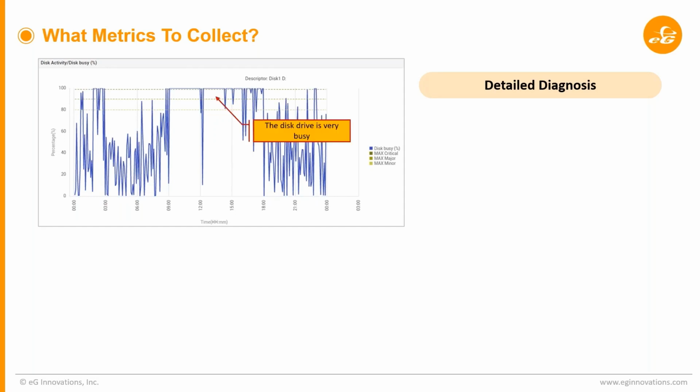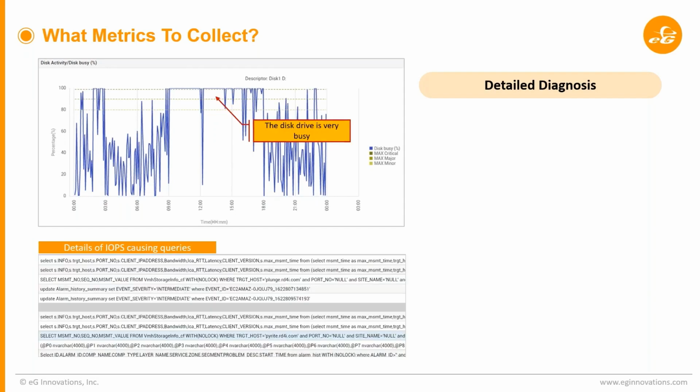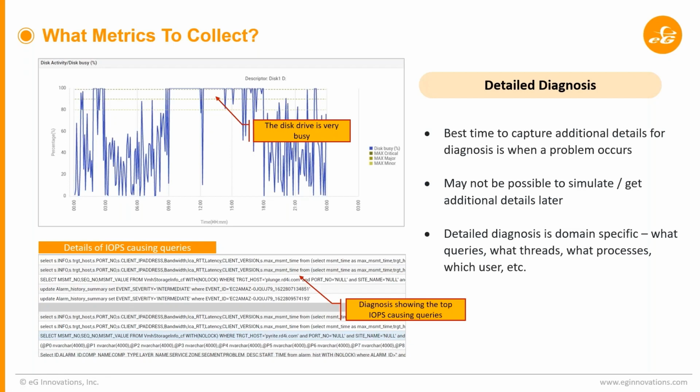The answer to that comes from detailed diagnosis, the ability to go in and collect additional details. So you want your metrics collection to give you additional details. In this case, the operating system is running a SQL database, and seeing the details of what queries were being run at that point in time is extremely important, because that tells you if your application is not being designed correctly.